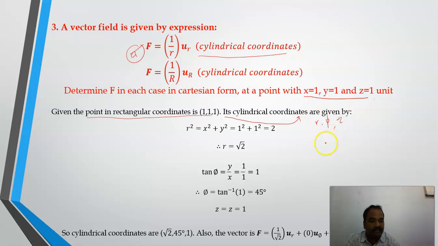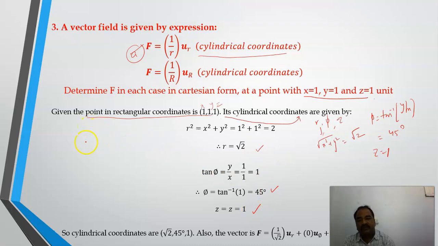We have done it in the previous case. So R, how will you compute? Square root of x square plus y square, which is square root of 1 square plus 1 square, it is root 2. Phi is tan inverse of y by x. So it is tan inverse of 1 by 1, so it is tan inverse 1, it is 45 degrees, and z remains 1. So the values are root 2, 45 degrees and 1.